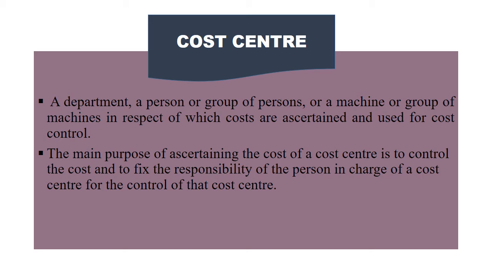Cost center. It is a responsibility center for which costs are accumulated. The main objective of this center is to minimize cost. It can be a department or a team which represents a job activity, process, or machine whose costs are allocated equitably and practically for the purpose of costing.